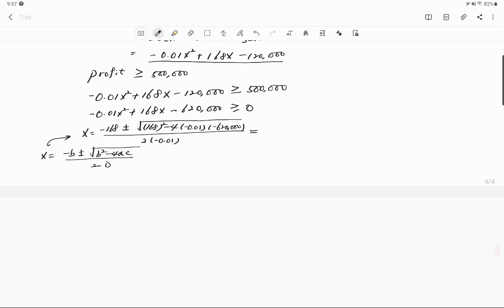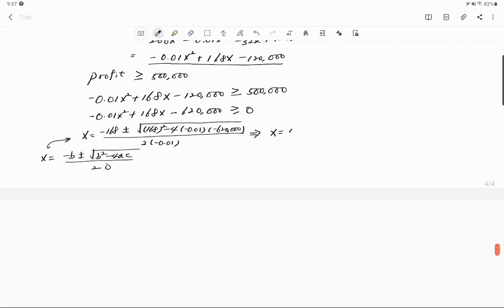And then this will give you two values. x is 5,473.3, and x equals 11,325.7. Since this is greater than or equal to 0, the interval is between these two.